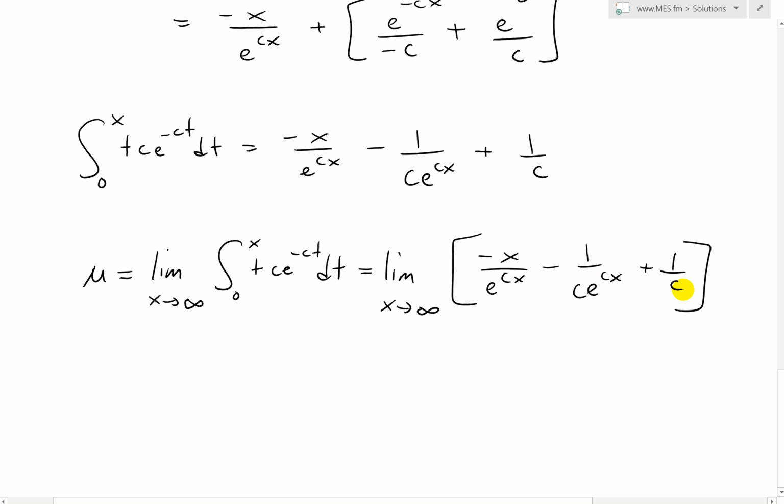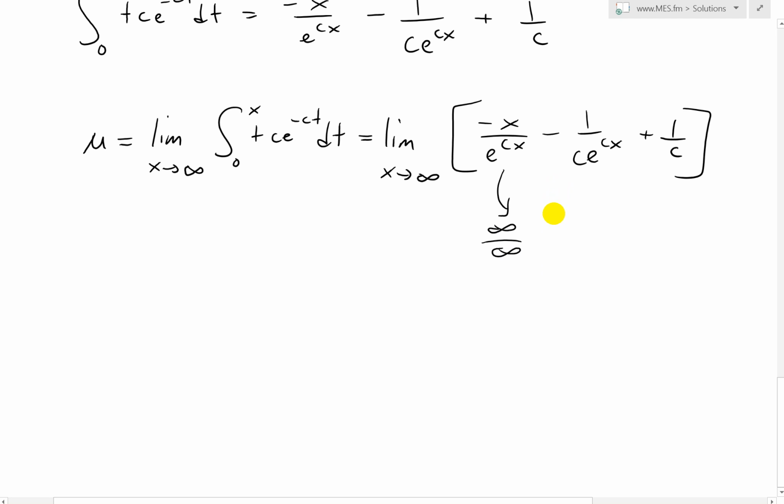If you plug in infinity on the top and bottom of the first one, we get infinity over infinity. So this is indeterminate. We can't solve this one directly. We have to use L'Hopital's rule, and I'll get to that in a bit. But for this one here, when we plug in infinity, we get 1 over infinity, which is 1 divided by a really large number, so it goes to 0.